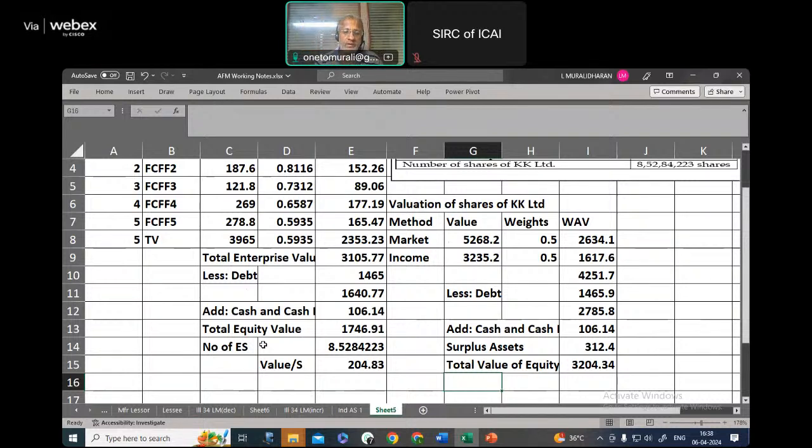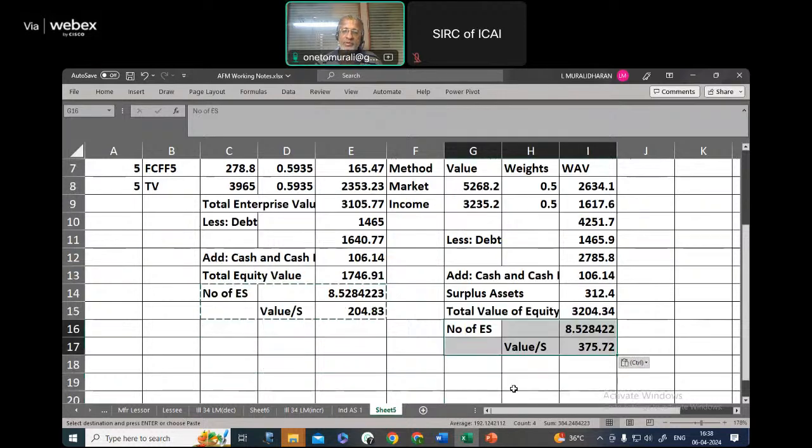Then number of equity shares, and when you take up value per share, it comes to 375.72. So quickly we have finished. So we get that satisfaction that the problems are similar in nature and not much of a complication.